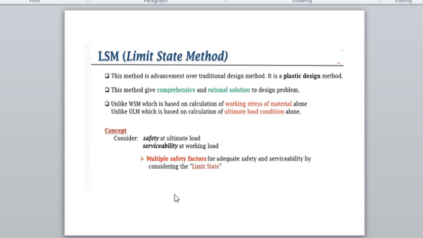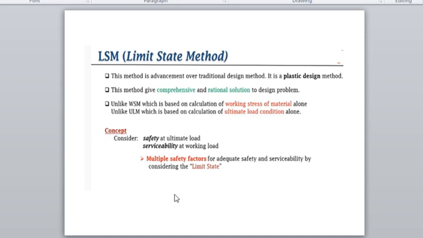Safety means the given structure should be safe enough. Serviceability means there should not be excessive deflection or cracking. For example, I can build a beam in such a way that it is safe under any load, but after some time it will deflect, though it will not fail. That is safety.